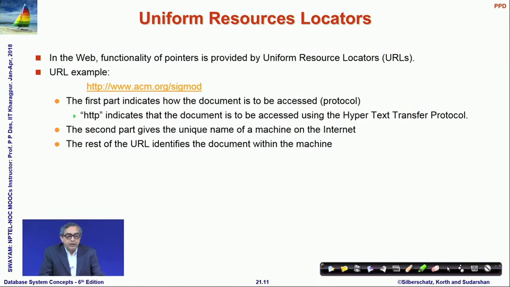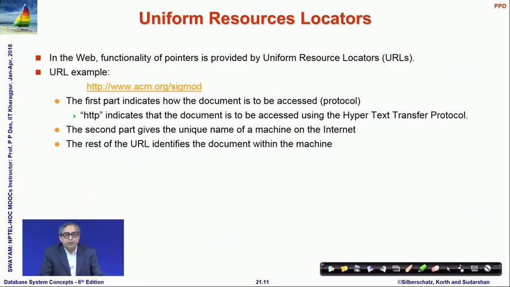The second component in this URL, which is between the two slashes and the next slash, www.acm.org, uniquely identifies a machine on the internet. You will understand this is a symbolic name, and the actual machine has what is known as an IP address.